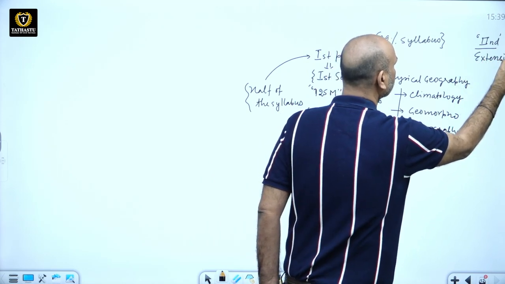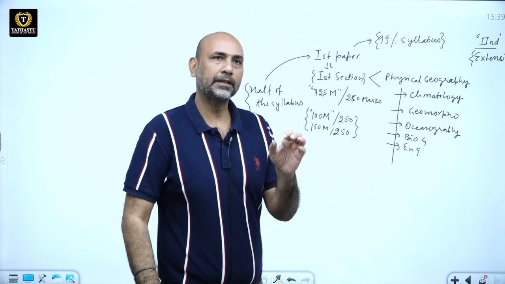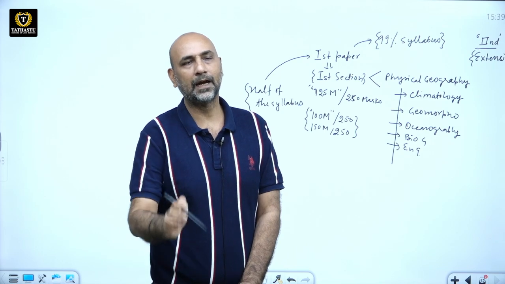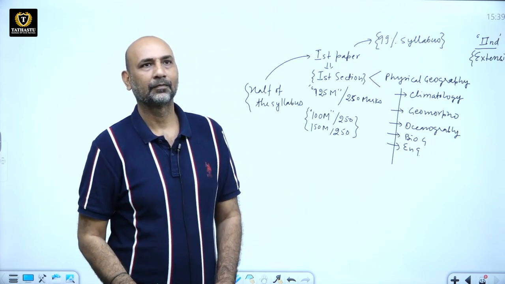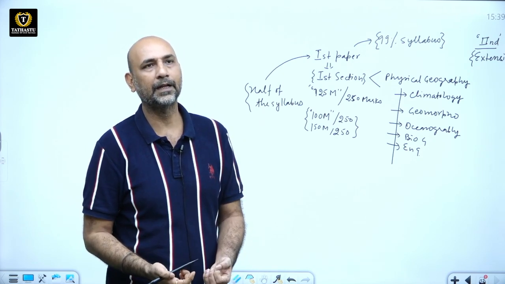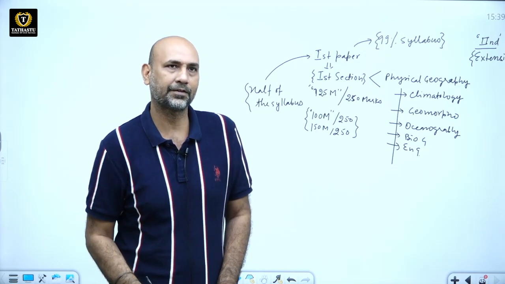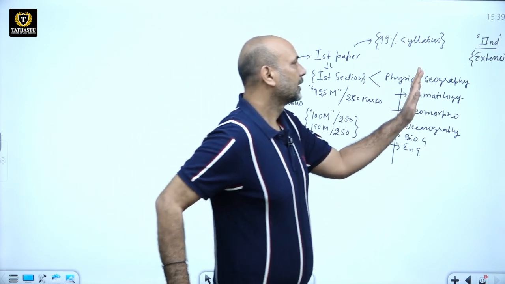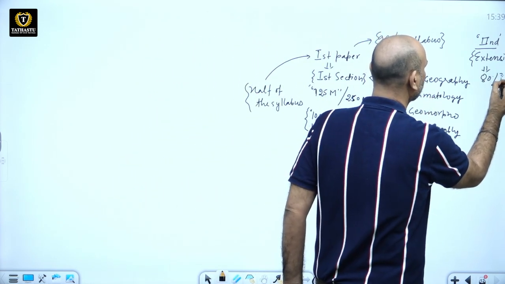But remember that it is rewarding too, because the more you know about the geography of India, the civil services and the different contexts and sections. Because everything in the civil services is about understanding India in its surrounding context and the global context. So for the second paper, we are going to cover nearly 80% in the classroom.